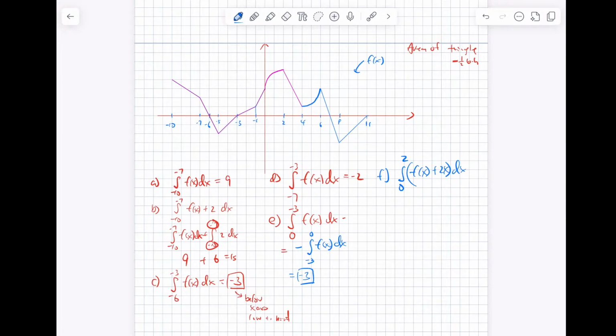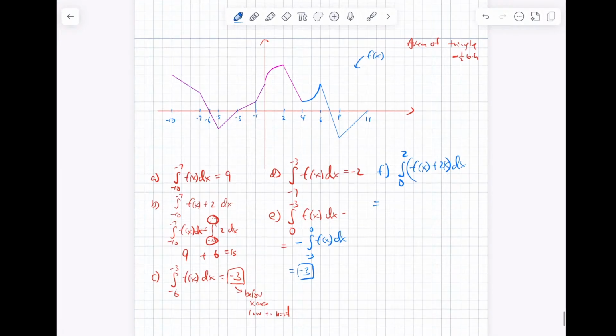No? So that's why I say it's easy to break down into individual pieces. Integration from 0 to 2 of f of x. Is that okay? Integration of 0 to 2 of 2x dx, yes.